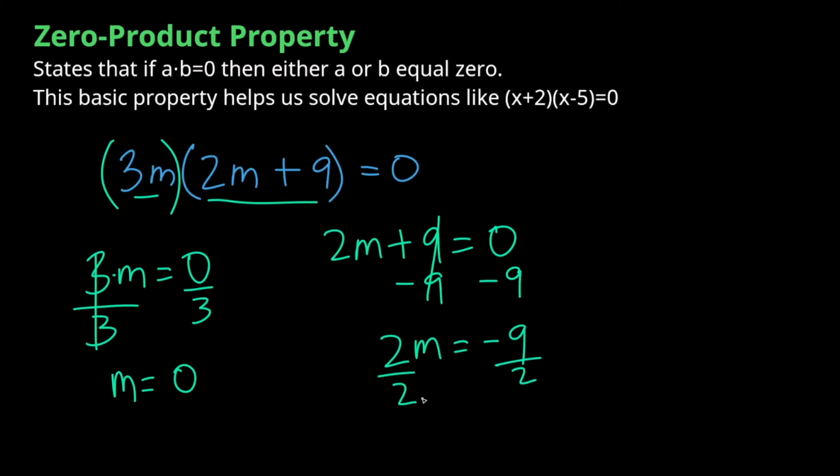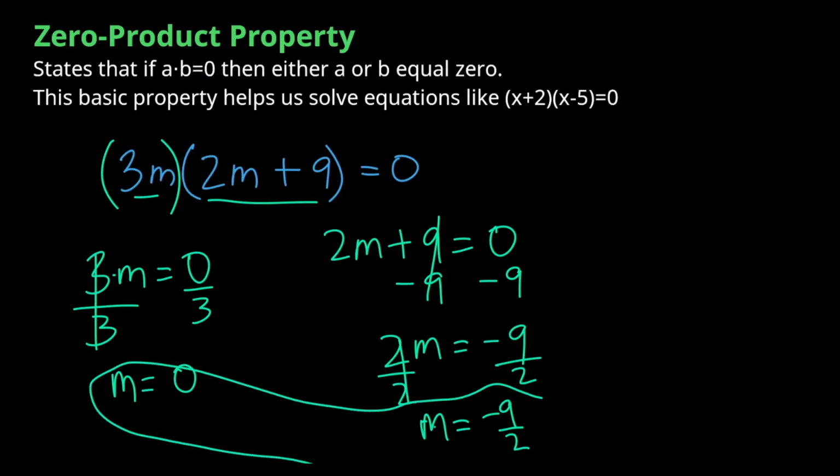Divide both sides by 2. We have m equals negative 9 over 2. Again, when we plug in negative 9 over 2 into this m right here, we will end up with negative 9 plus 9, and that just equals 0. So our answer is m equals 0 and m equals negative 9 over 2.